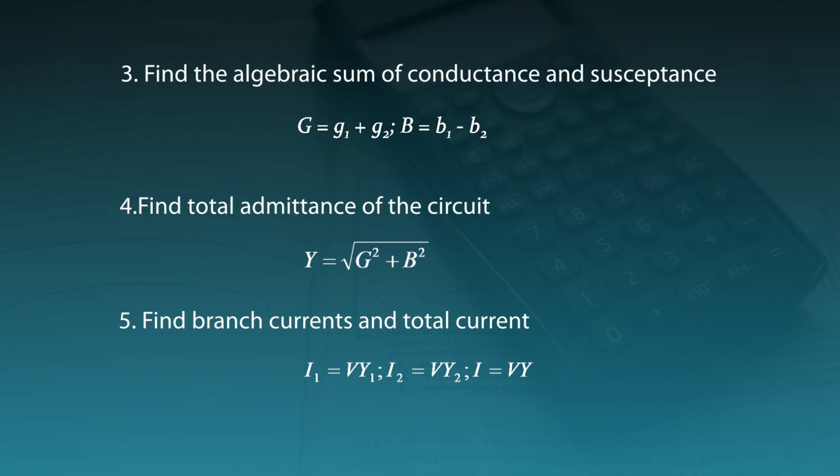Now you have calculated the two branch currents, I1 and I2, and now you have to calculate the total current flowing through this circuit, capital I, which can be written as the total voltage V multiplied by the admittance of the circuit, Y. So the total current of the circuit is I equal to V into Y.